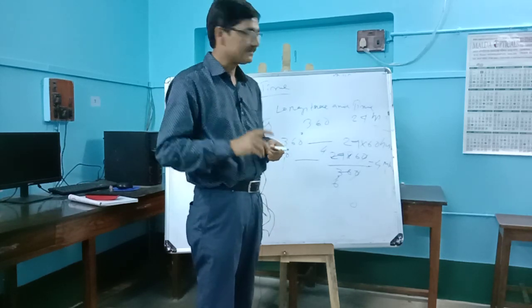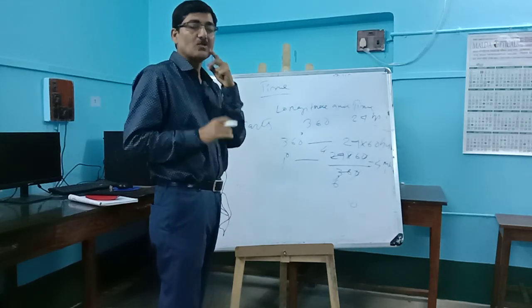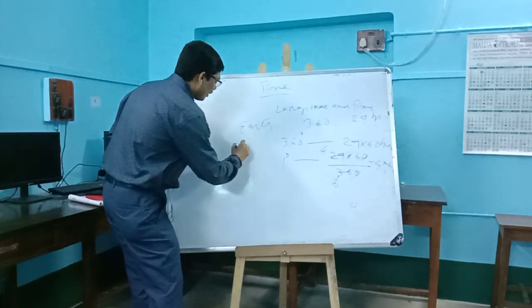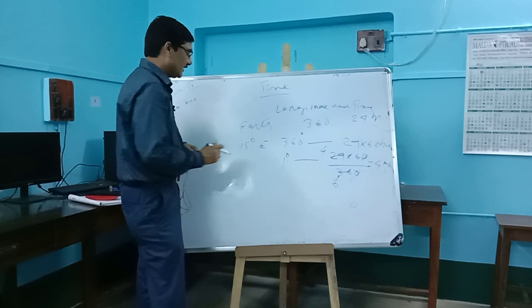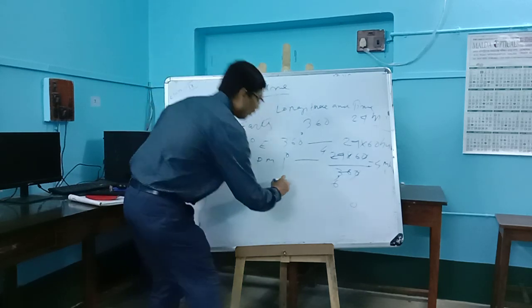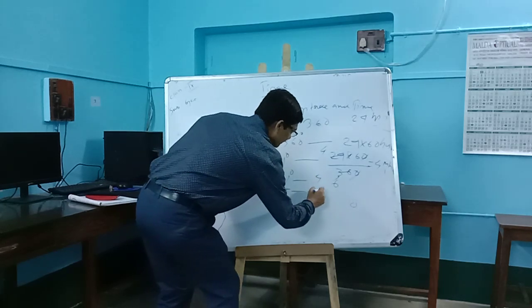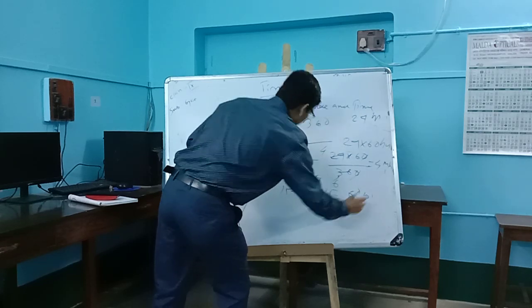Which means that if at any place there is noon, then what will be the time at 15 degrees east? It will be 1 p.m. How? 1 degree makes a difference of 4 minutes, 15 degrees makes a difference of 4 into 15, that is 60 minutes or 1 hour.